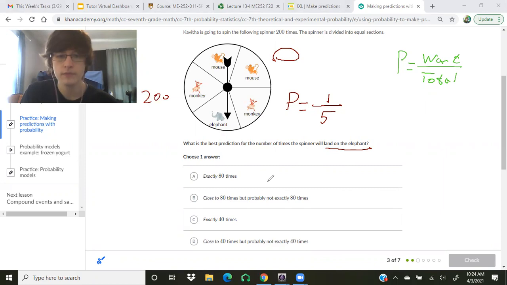So the probability is 1/5, right? So 20% chance for it to land on elephant 1 time. Okay, so what is 20% of 200? Well, if you get your calculator out, you would find out that 20% of 200 is actually 40.